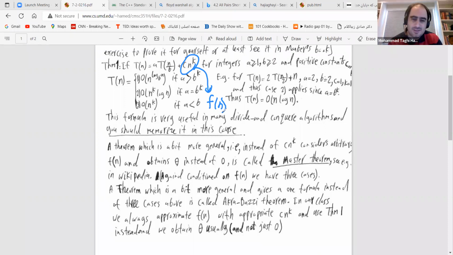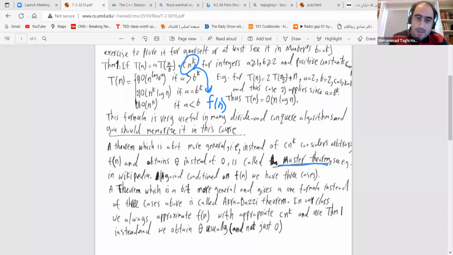For lots of applications, this C and K is the one that we are doing because it's some kind of polynomial time algorithm that we need to run. But in general, if you want to get exact results for different K's, not just this one, but a general f of n, then this is called the Master Theorem.